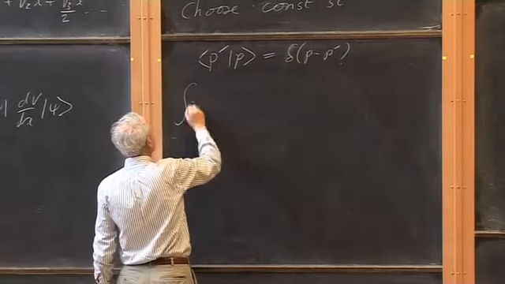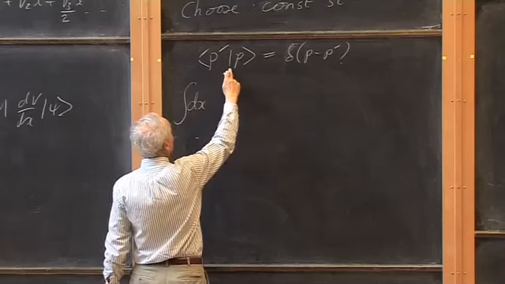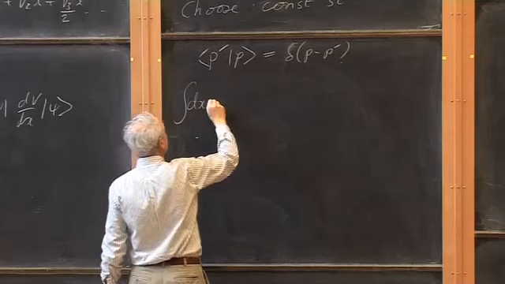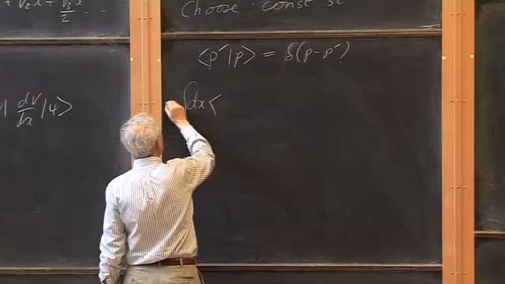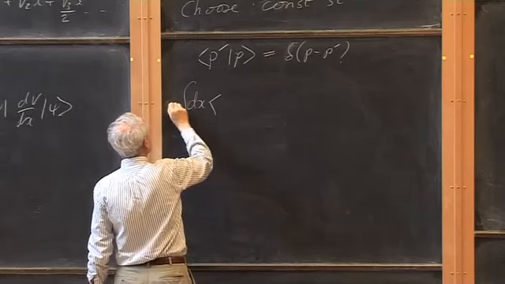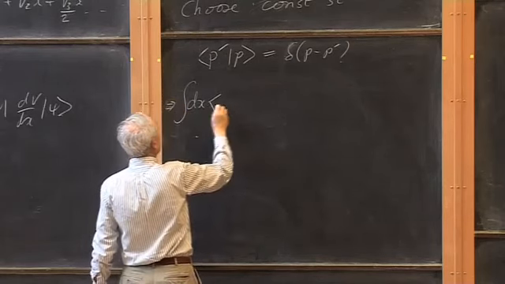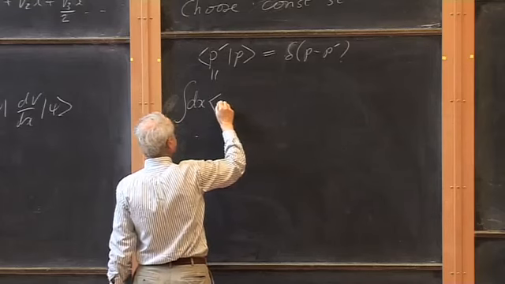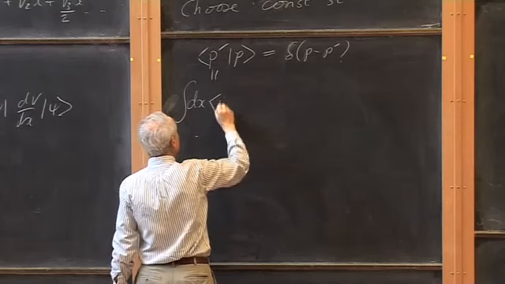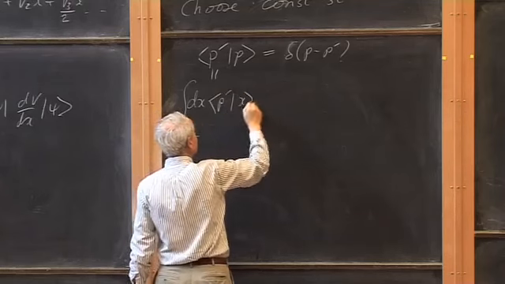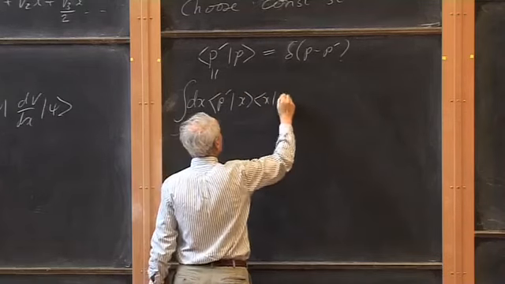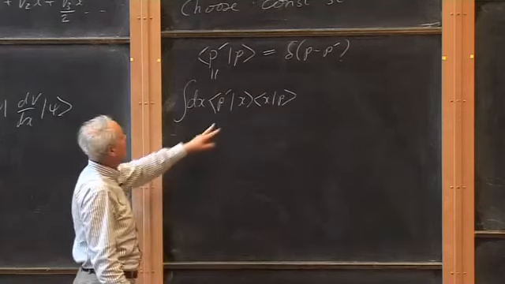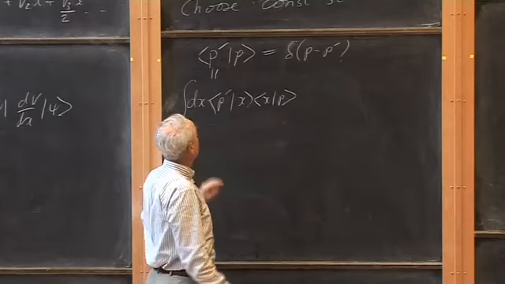We write this, we put an identity operator into here made up of x's. So this implies that this thing here is equal to the integral of <p'|x><x|p>, right? That's just sticking in an identity operator.